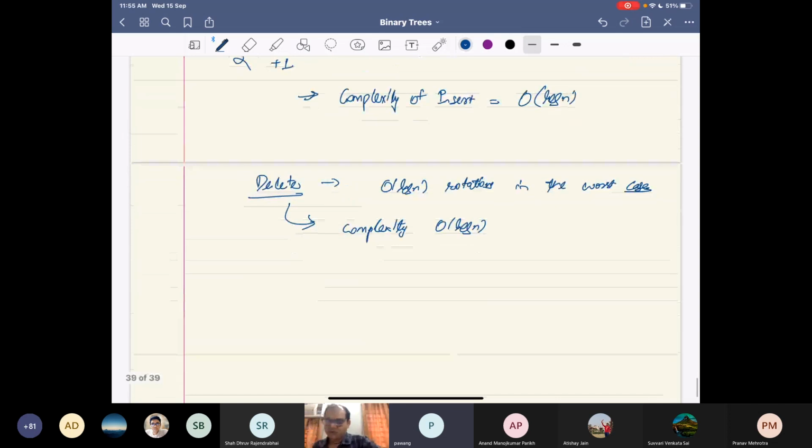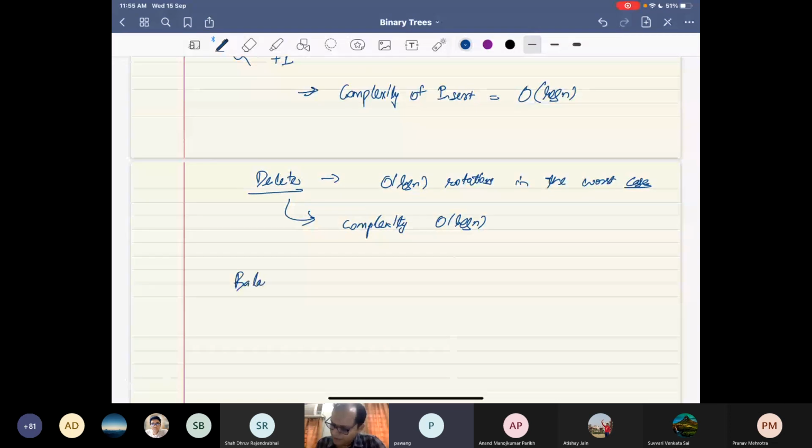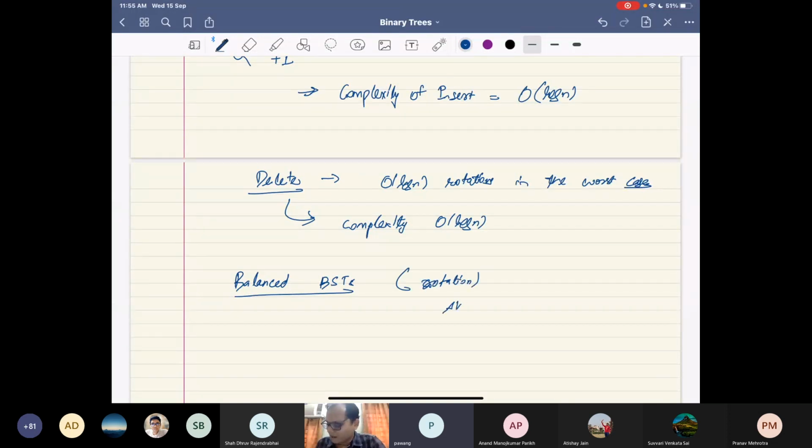So if somebody gives you a question on balanced binary search trees, they will use the concept of rotations, either in AVL trees or in red black trees. We have not covered red black trees.